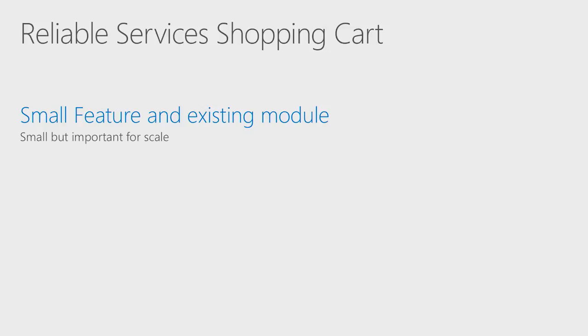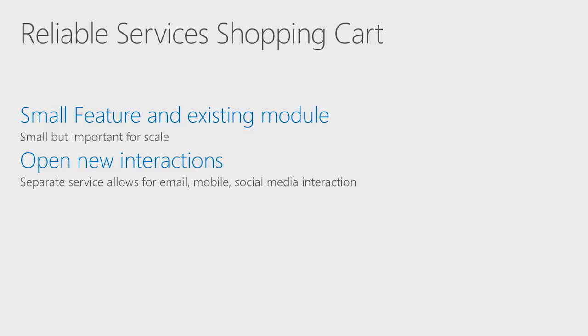This is where all the revenue really comes through. It also opens up new interactions. If we extract this out into a service, we're able to scale it and enable our mobile applications and our email marketing campaigns to interact with our shopping cart to extract new information and hopefully serve our customers better.